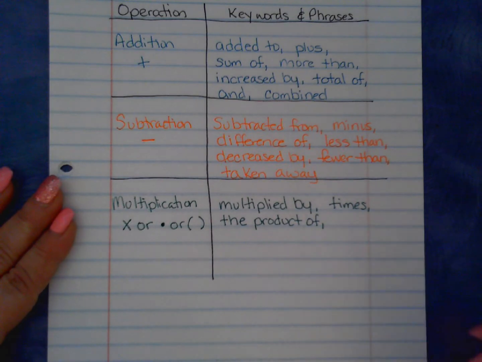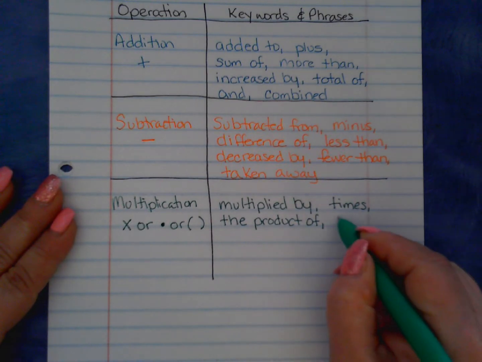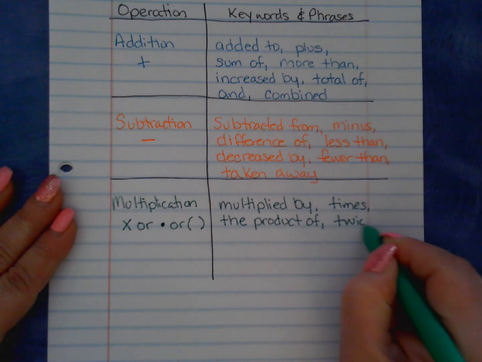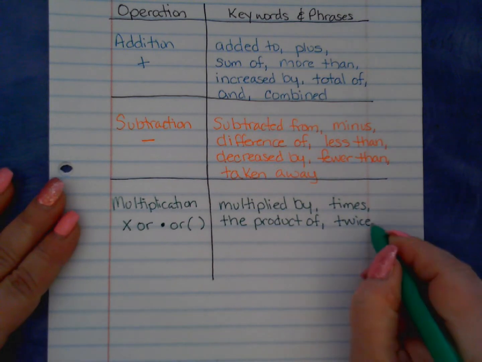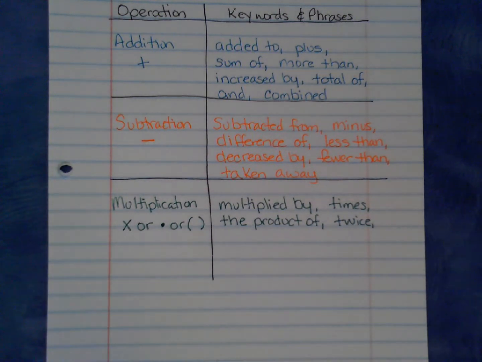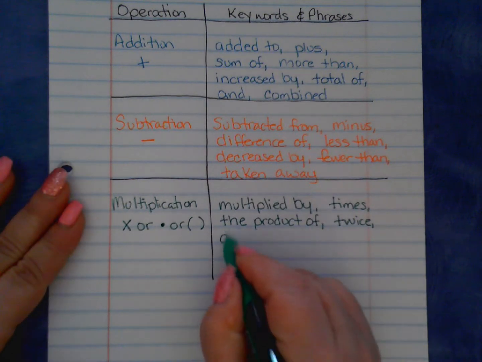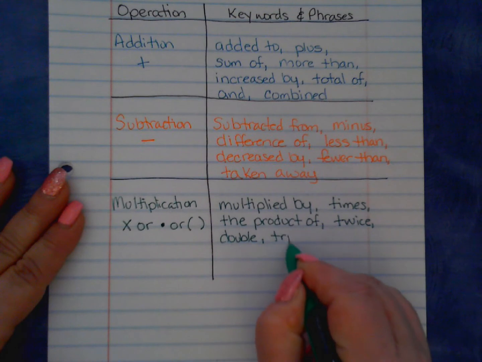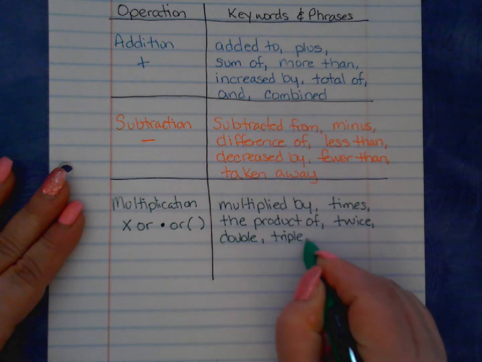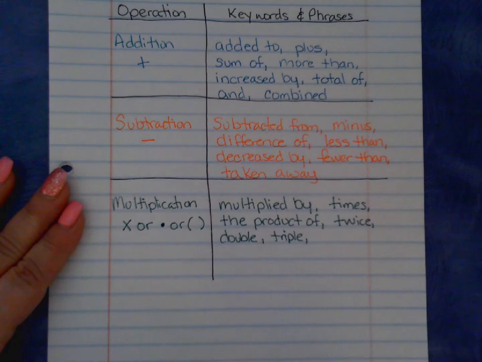Also, don't forget about words like twice. That one also signifies, or double. Words like that. Triple. And so forth. And then of.